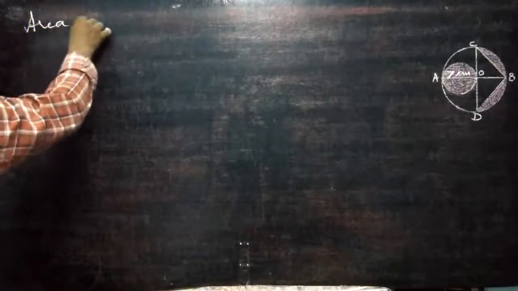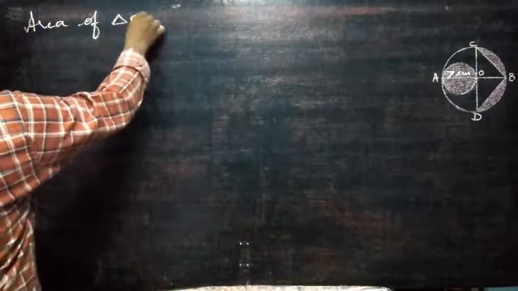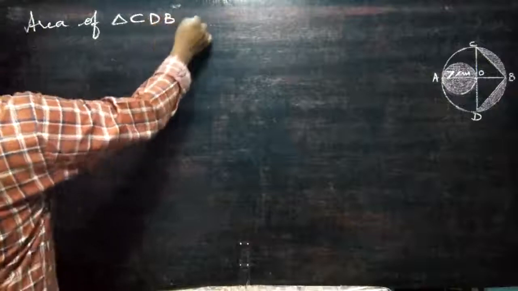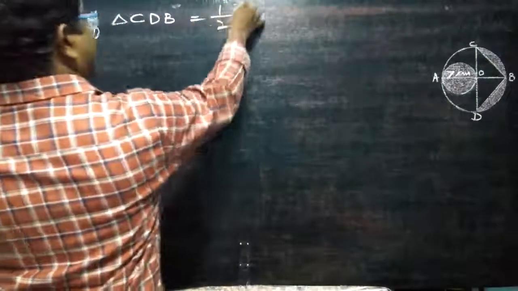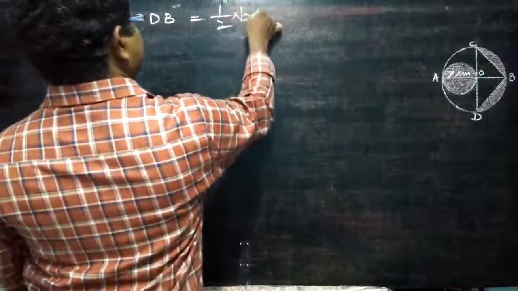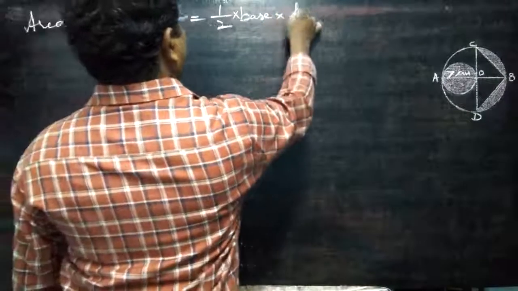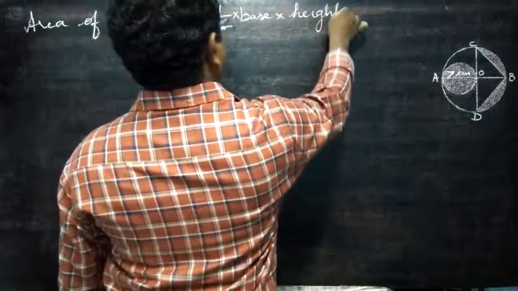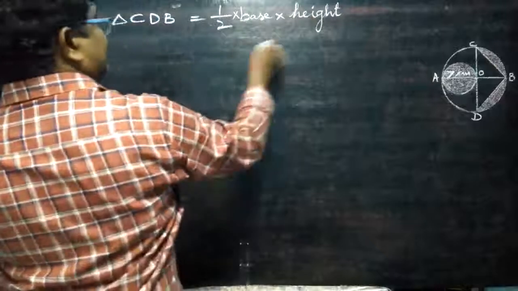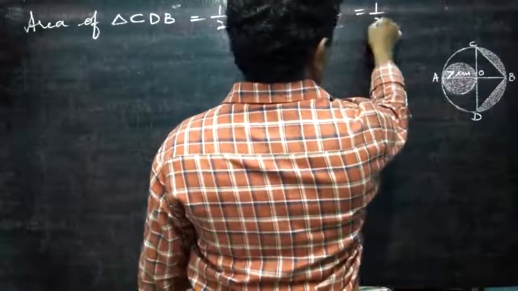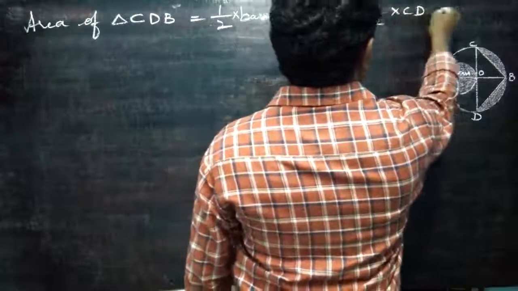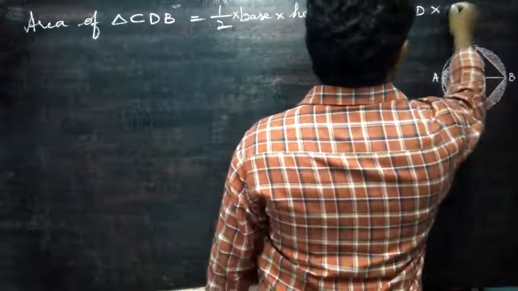Now, area of triangle CDB is equal to half base into height. Formula of a triangle. Half base into height. Base is CD and height is OB.